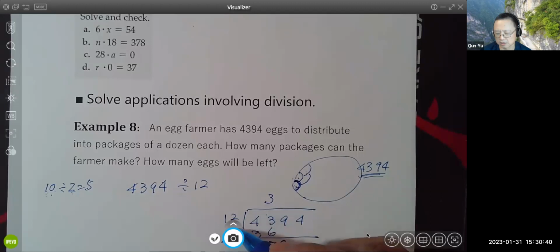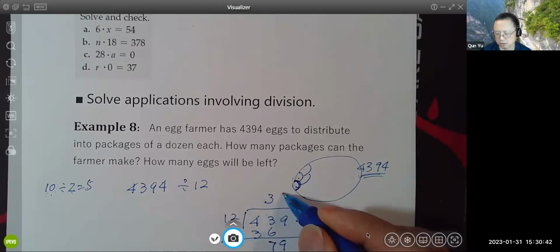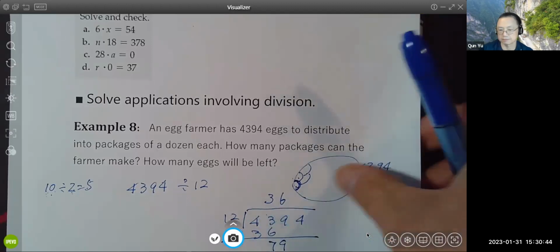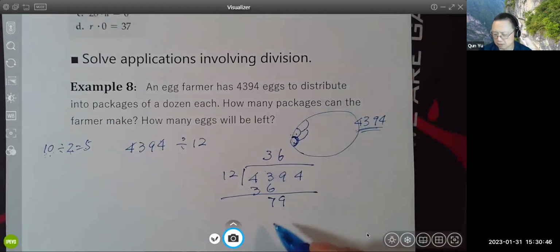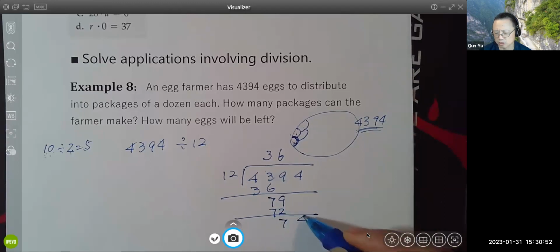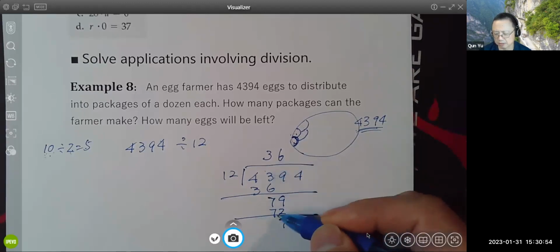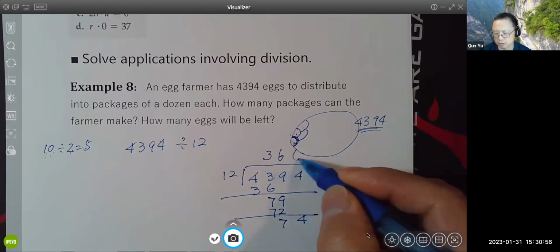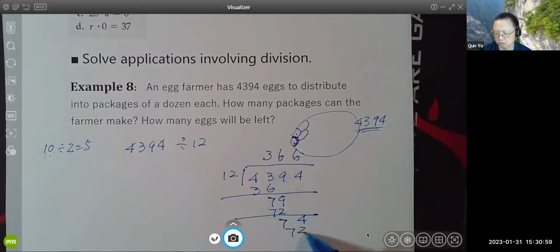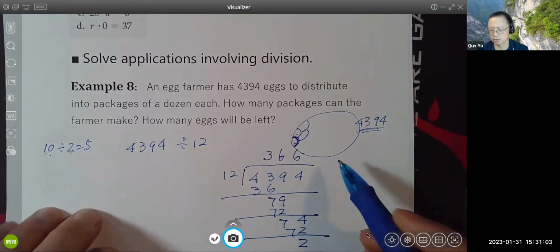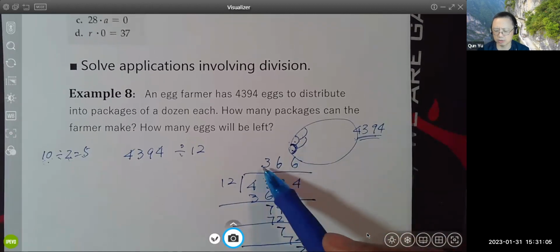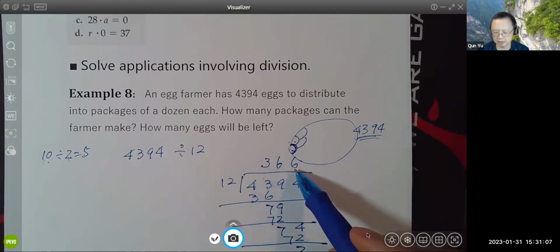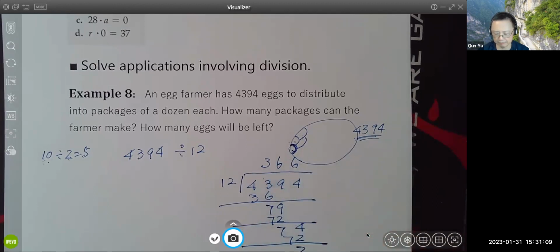Use a 6, it's going to be 72. 6 is good. So 72, do subtraction, the remainder is 7, and that's 4. We do another 6 because 72 is really close to 74. Now the remainder is 2. So they can put all these eggs into 366 packages and still have 2 eggs left.